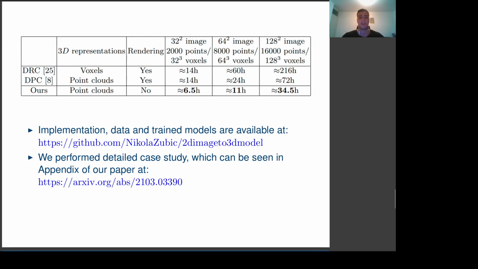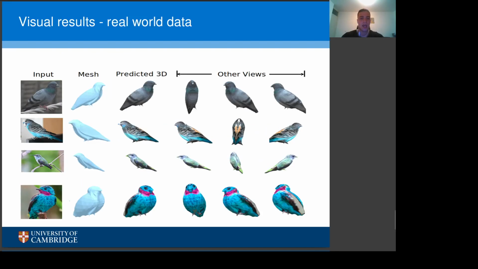In terms of training time, we also outperformed all the others. Implementation, data and trained models are available at the link. We currently have about 90 stars. We also performed a detailed case study, which can be seen in the appendix of our paper at AAAI.